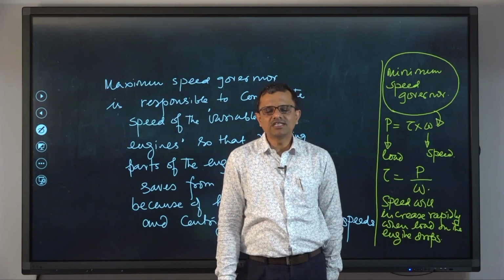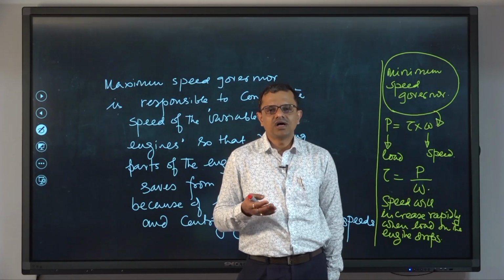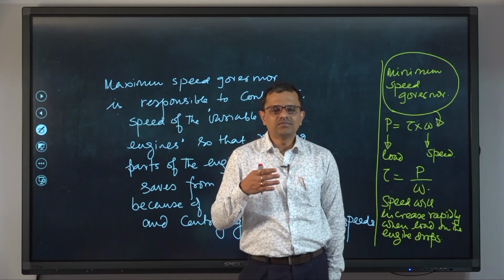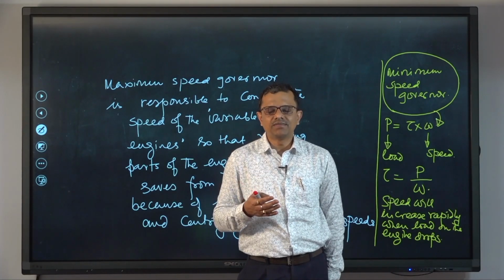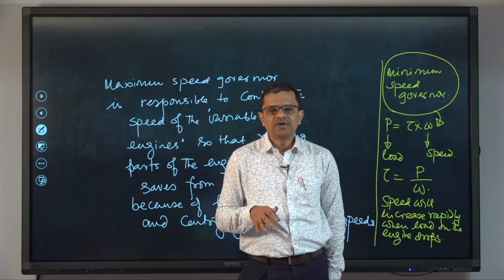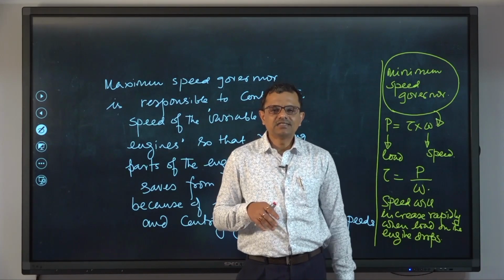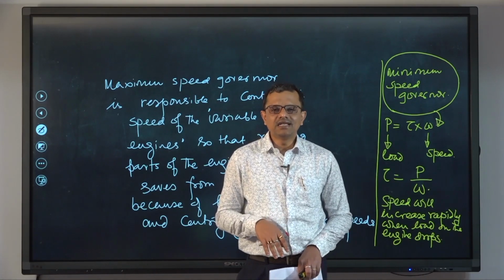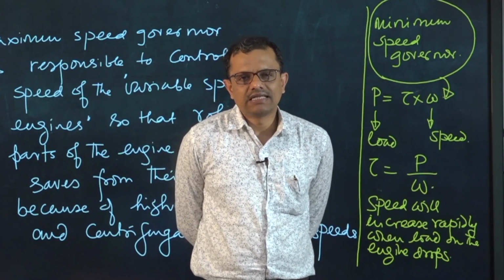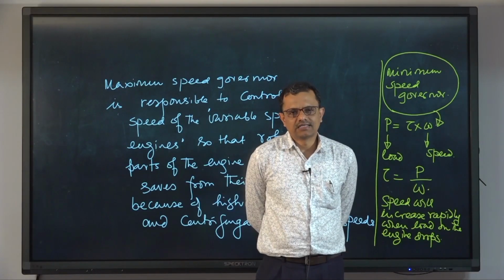Even for a constant speed engine, the power or output should be adjusted to meet the demand of the external requirement, and for that speed can increase or decrease, but there must be some mechanism to maintain the speed constant, and this is done using a mechanical device known as a governor. We shall discuss this particular mechanical device, the governor, which is used to control the speed of the engine, in the next class.